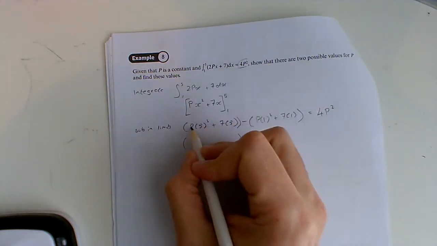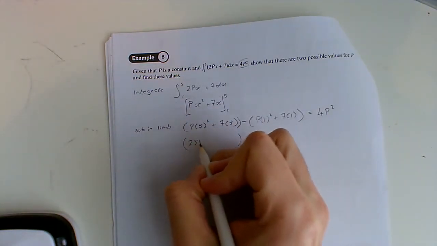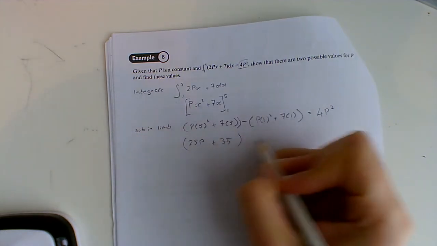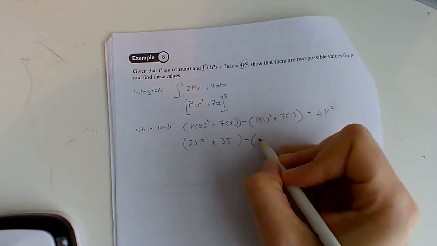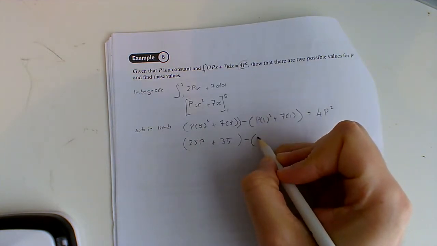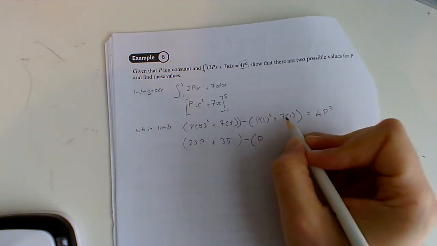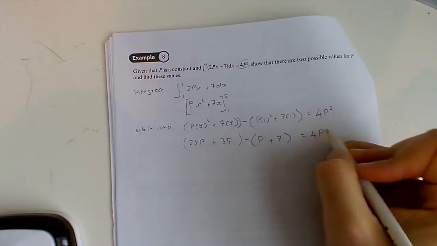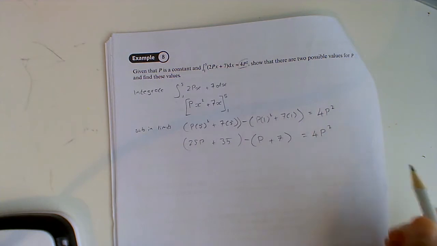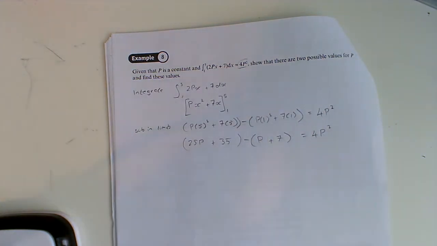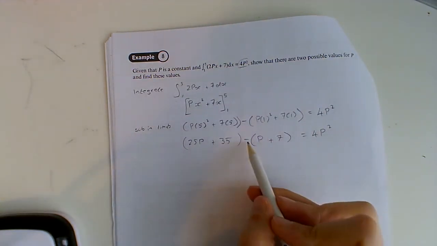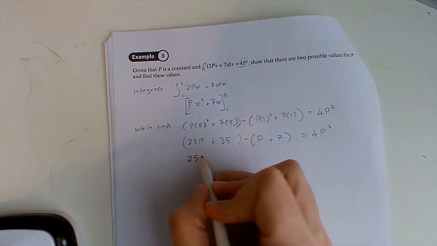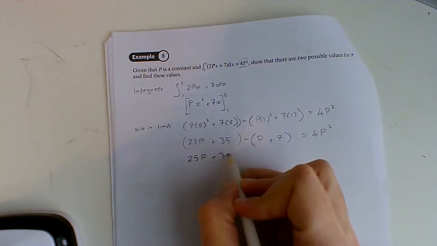So the first bracket, p times 5 squared is going to give me 25p, plus 7 times 5 is going to give me 35. Minus p times 1 squared is just p, plus 7 equals 4p squared. Okay. Now, when you get to this stage, be very, very careful to always multiply this bracket out. 25p plus 35.